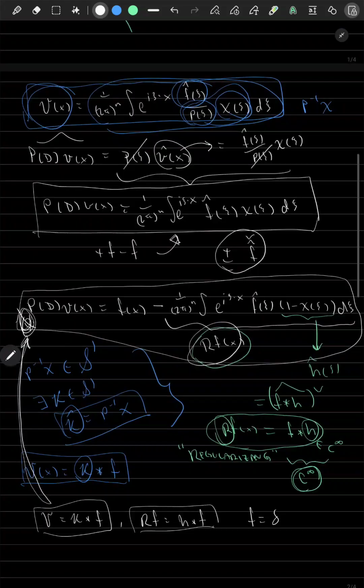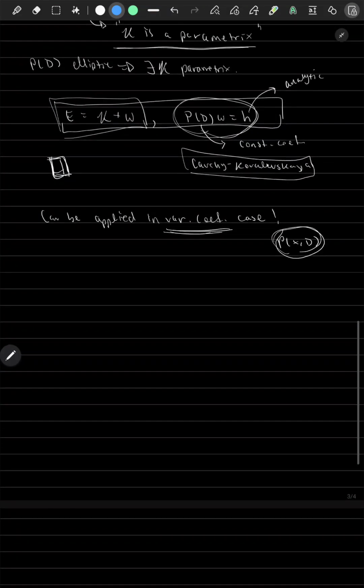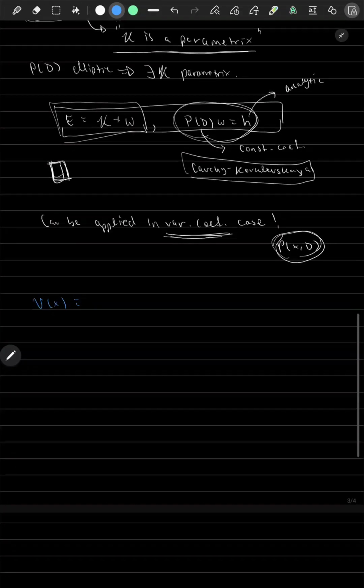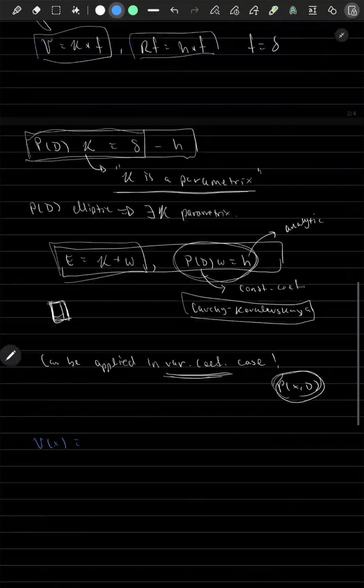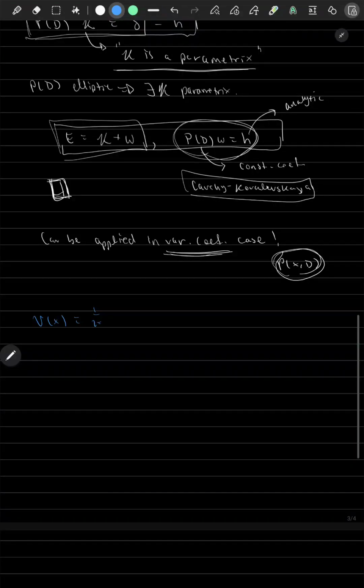No, it's actually the V. Okay, so this operator here, we arrive at something similar to this in the variable coefficient case. Let me just see if I can copy this down here. You have V of x, you have 1 over 2 pi.